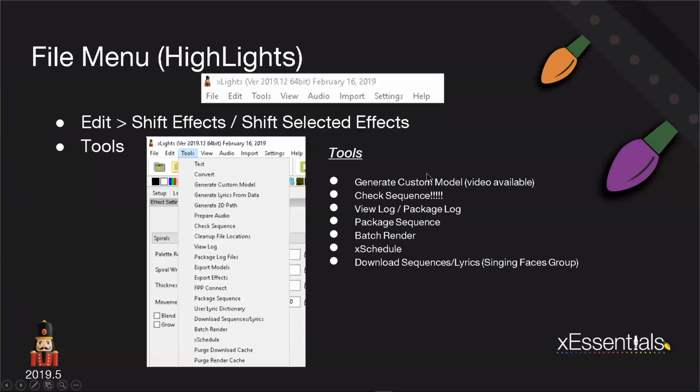The generate custom model, and there is a video on this that was done by Keith, allows you to build your very own custom model, custom wireframe, a custom whatever, something that you can't just go get in the download section or somebody else has made. It's something that you made that only works in your display. Nobody else has it. You can create a simple video and upload it into xLights, and xLights can read that video and create and generate a custom model for you.